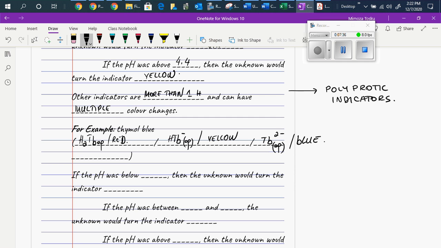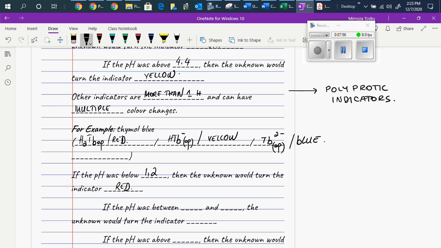Okay. So now, what we have there is: if the pH is below 1.2, then the color of the indicator will be red.